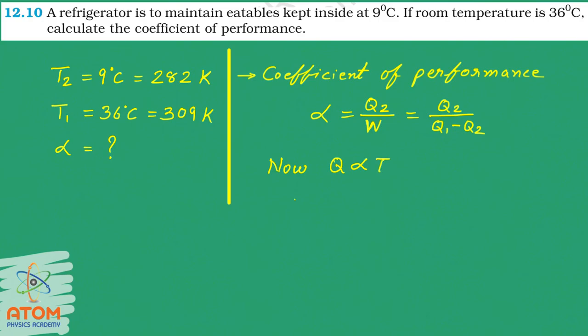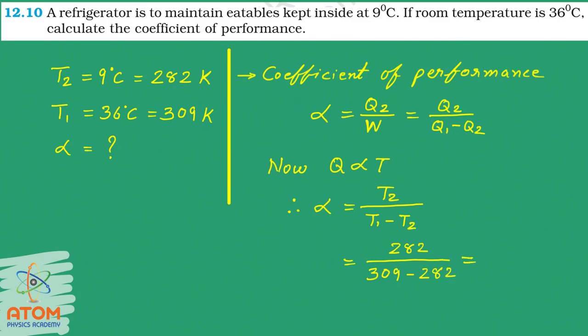That's why alpha can now be written as T2 upon T1 minus T2. Now we can put the values here. T2 is given 282 Kelvin, T1 is 309 Kelvin, minus T2 again 282 Kelvin.